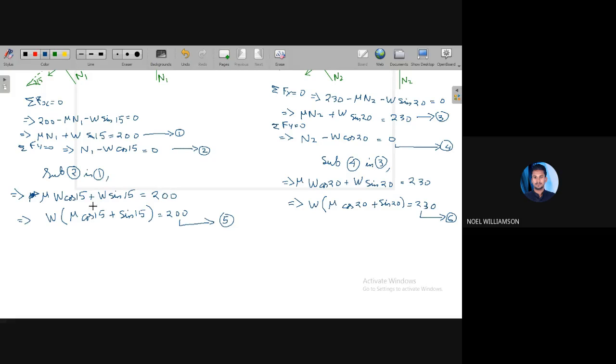So we will get these two relations. Now, easily you can see if we divide the same, then W will be gone.